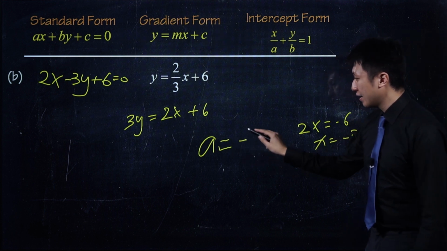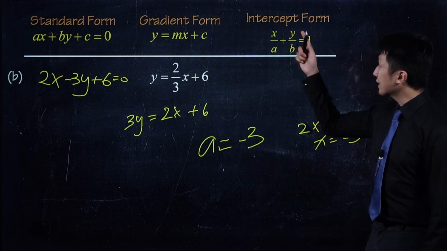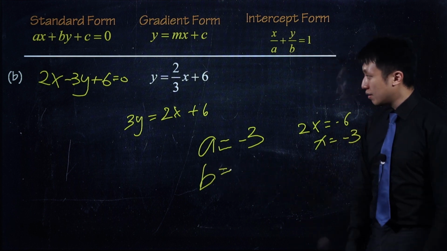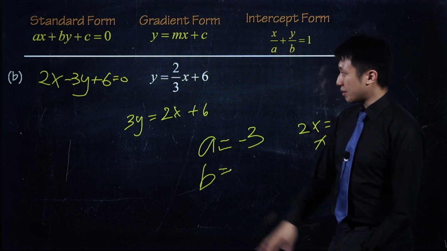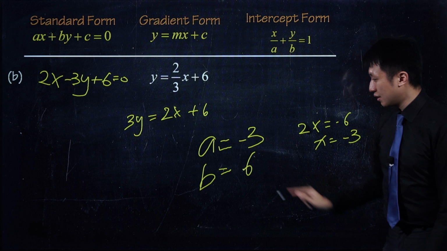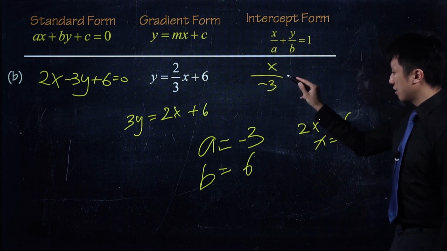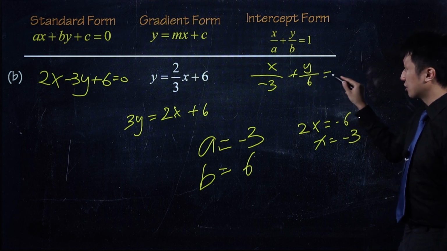So A, the x-intercept, is negative 3. B is called the y-intercept. It's very simple: sub x equals 0. When x equals 0, y is 6. So I just write down x divided by negative 3 plus y divided by 6 is equal to 1.